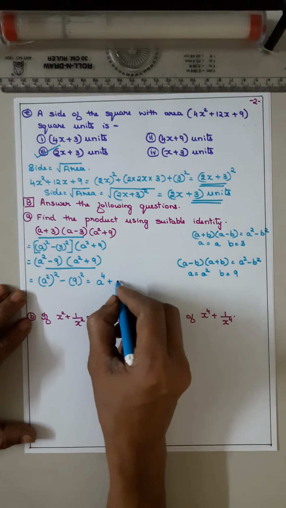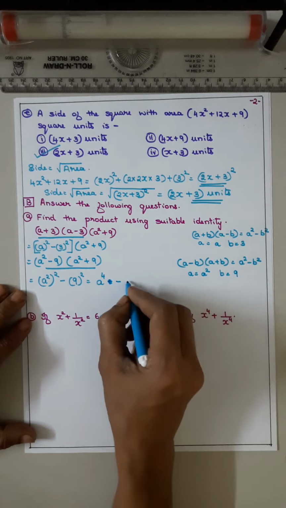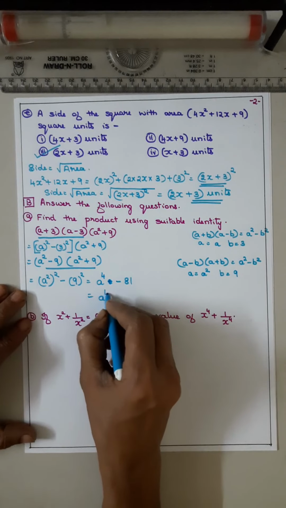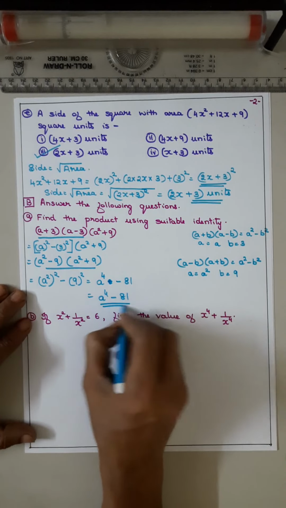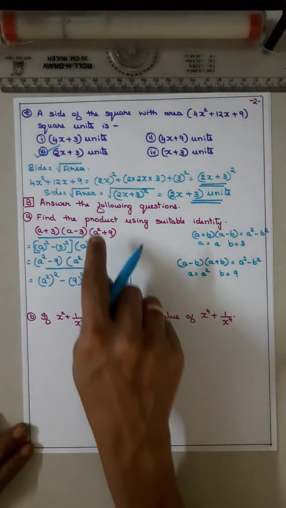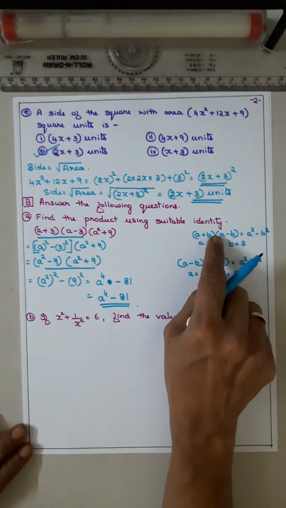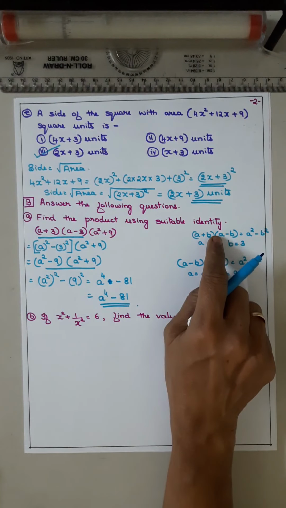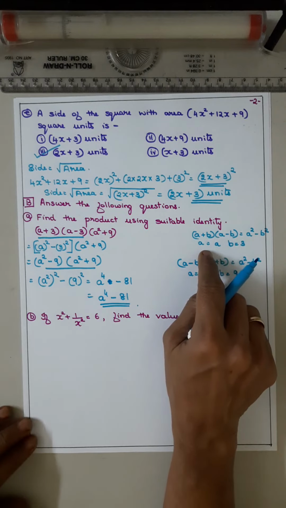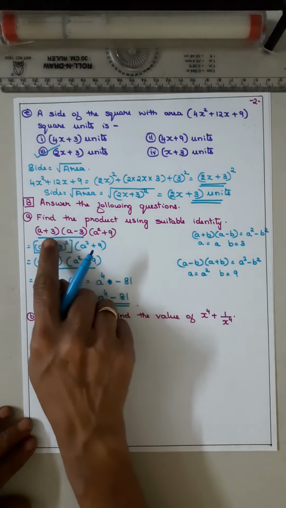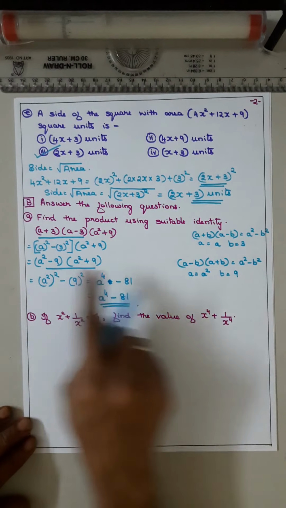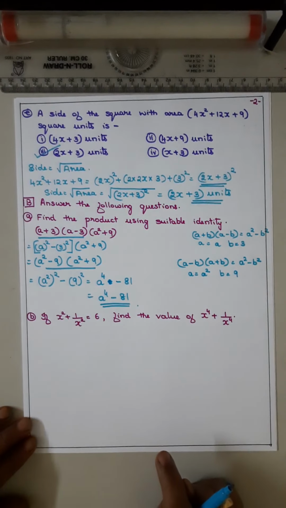Now 9 squared is 81. So answer is a to the power 4 minus 81. Hope you understood. So everywhere think which is the identity and write what is the actual term you are using. a means here a, b means 3. Here a is a squared and b is 9.